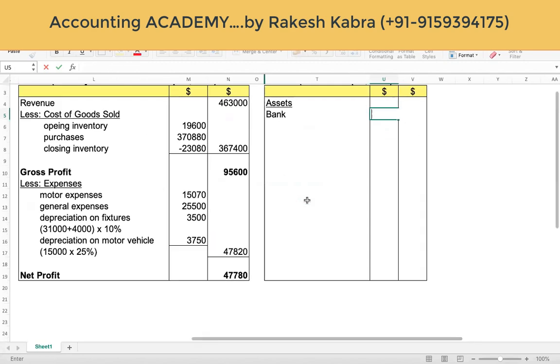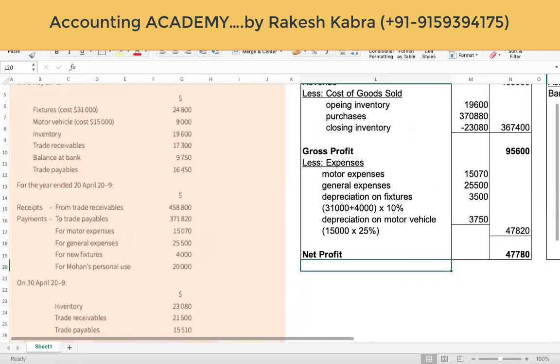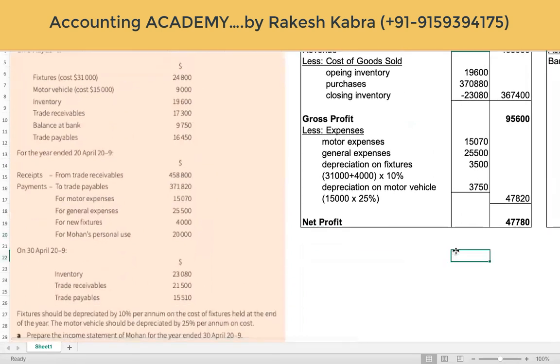Let me calculate here. Opening bank balance is 9,750. Then we have receipts. We got 4,58,800, so that I will add.